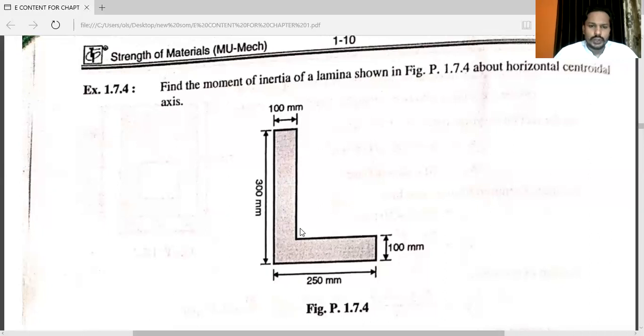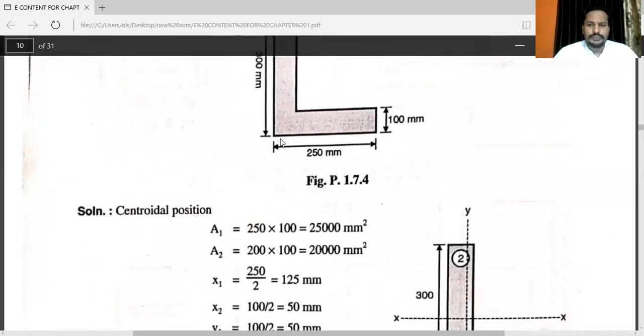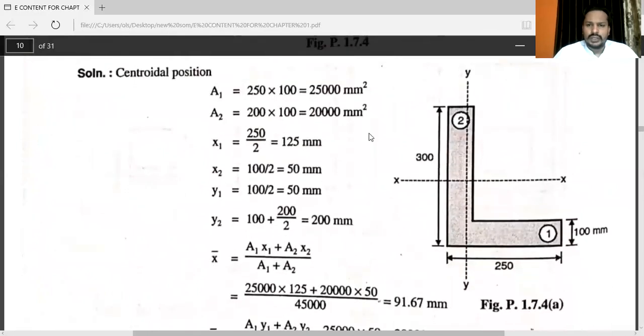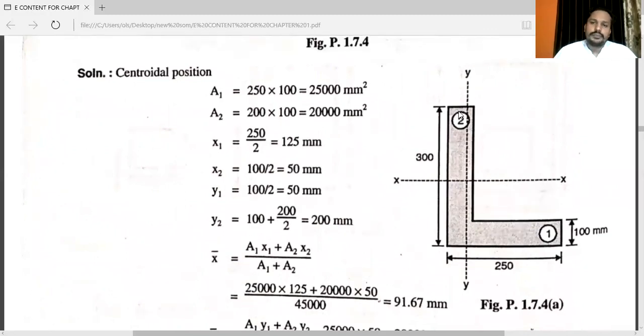Already you know how to select the horizontal and vertical axis, because you studied the centroid chapter in the first year. Similar to that, here you have to calculate the centroid point for the given L shape. That is our first step.